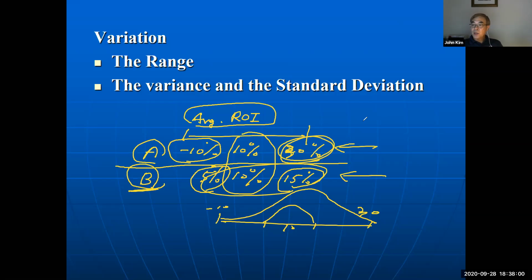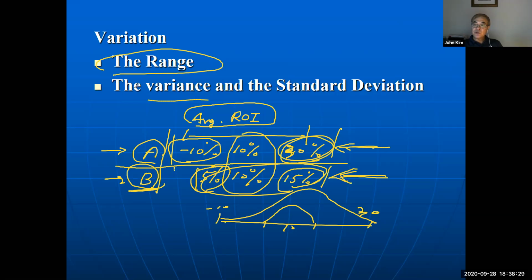If we know only the average or mean, we cannot evaluate which one is better. But if we have the range, we can decide based on their characteristics. That is variation, and we can use range, variance, or standard deviation.